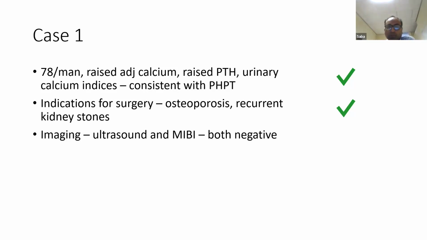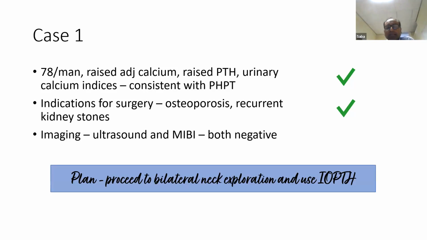We reserve that for reoperative cases. So the plan was to proceed to a bilateral neck exploration and use IOPTH. This case was done about 6 months ago, and I've been using IOPTH, the NBCL one, since about April 22. Any questions on this so far, Omar and Tom?